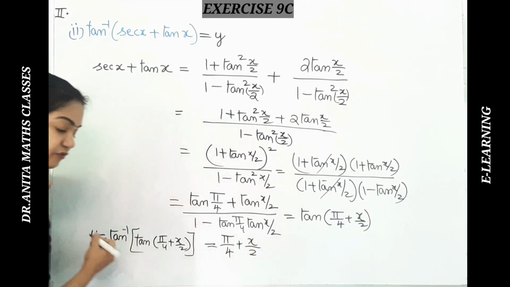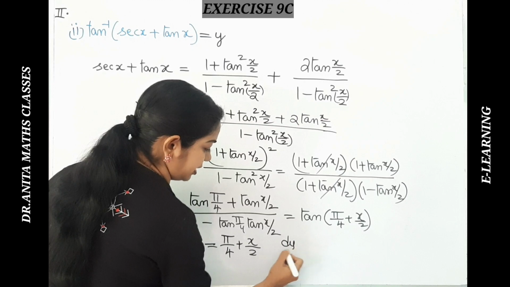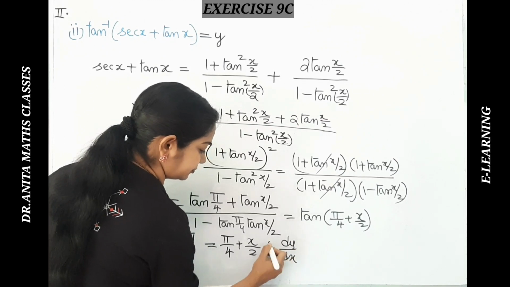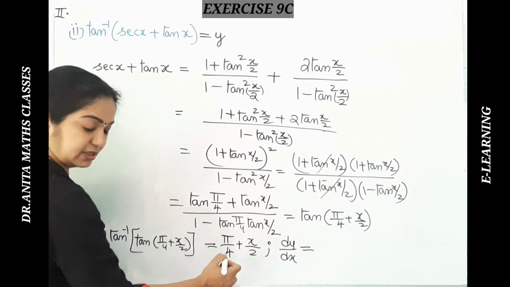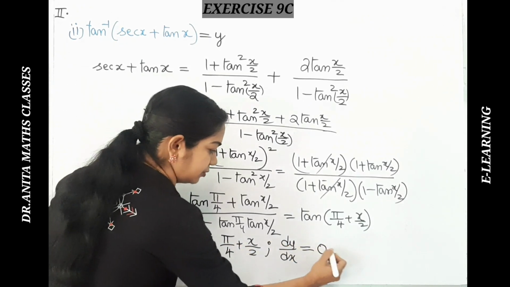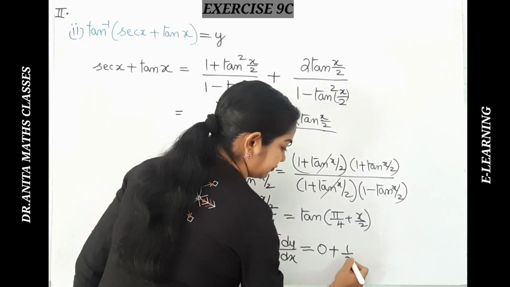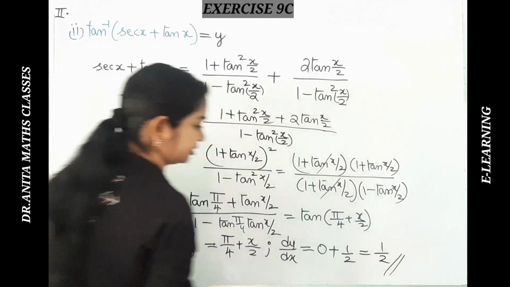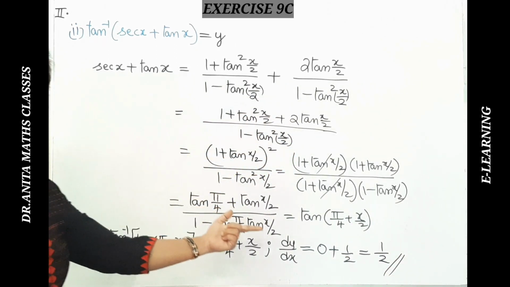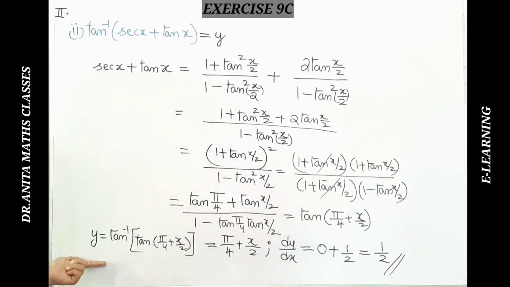This is the value of y, but we want the derivative. So dy by dx is equal to the derivative of a constant, pi by 4, which is 0, plus dy by dx of x by 2, that is half. So the final answer is just half. First we resolve it using the trigonometric ratios, then proceed to the derivative part. Pause it and note it down.